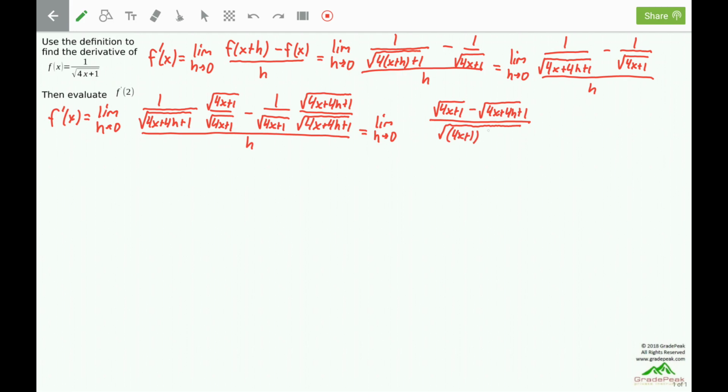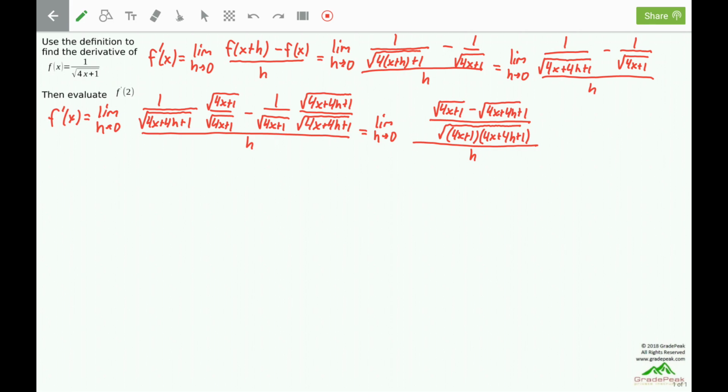A 4x plus 1, I'll write that one first, and then a 4x plus a 4h plus 1. They're now over a common denominator.